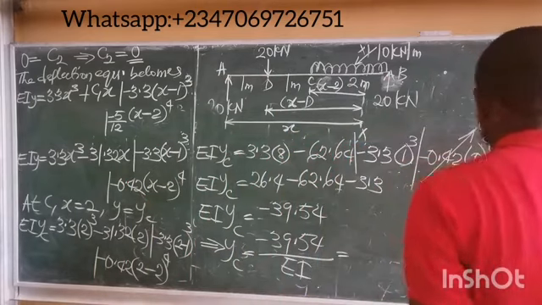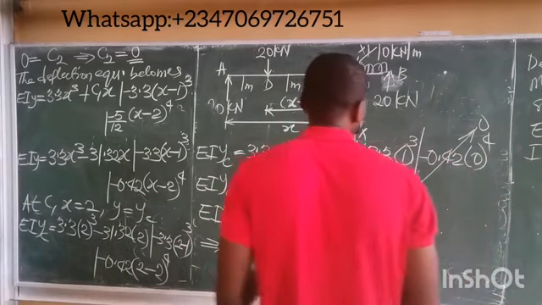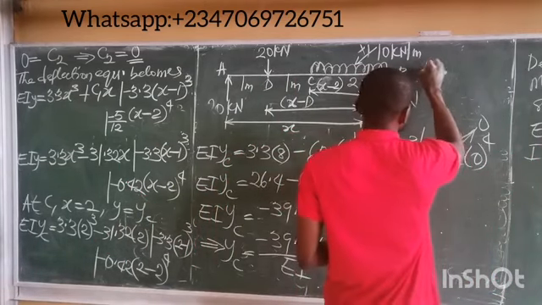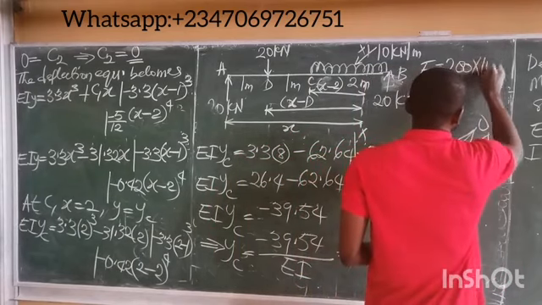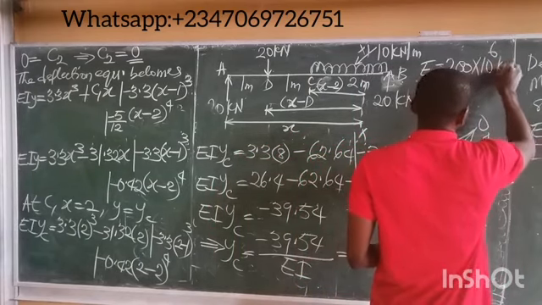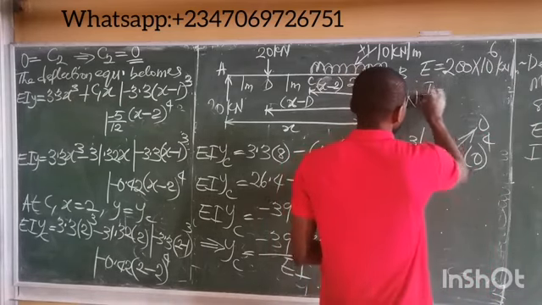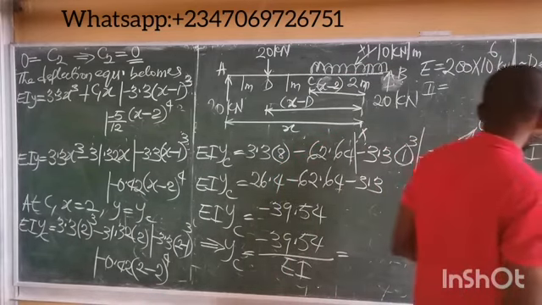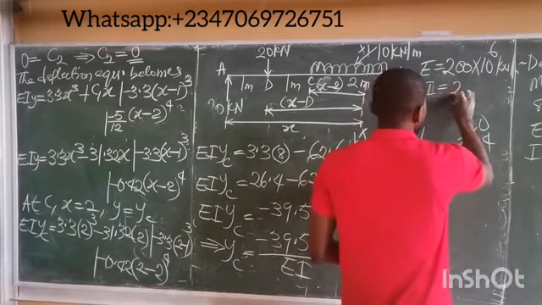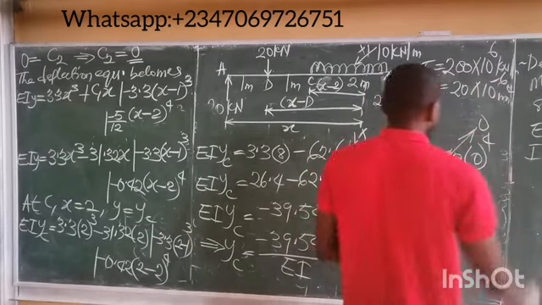E was given as 200 by 10 to the power of 6 kilonewtons per meter squared. We are also given I from the question. I was given as 20 times 10 to the power of minus 6 meters to the power of 4.